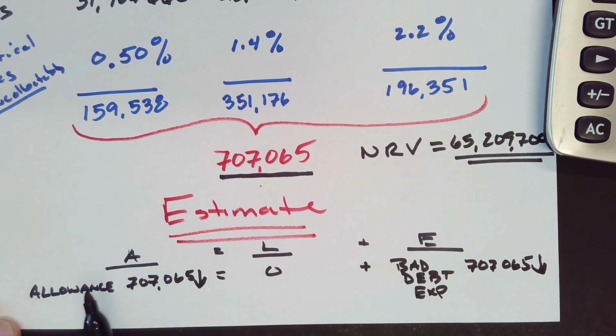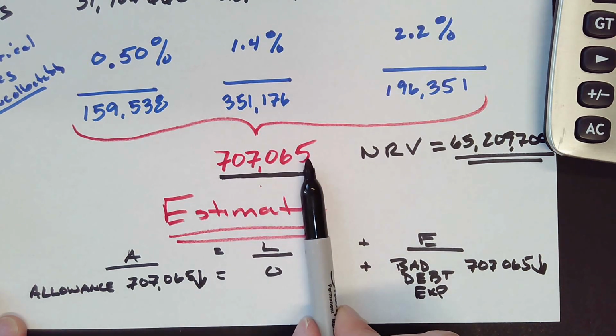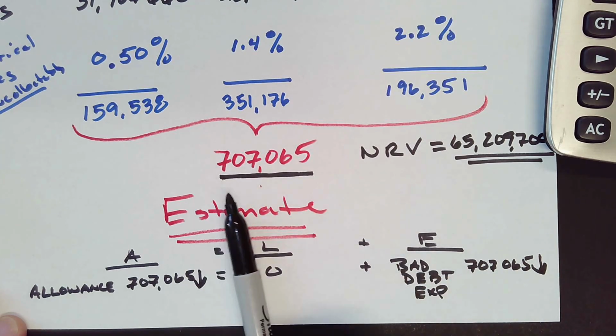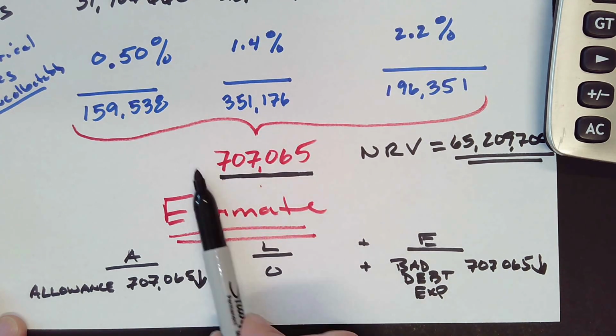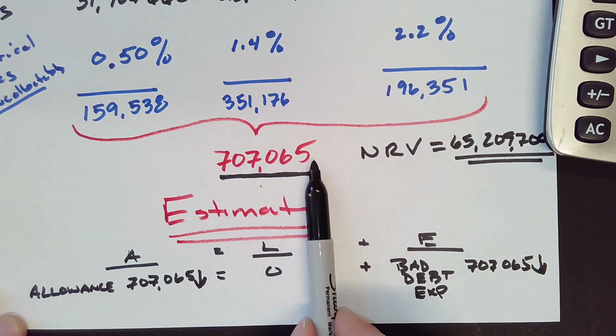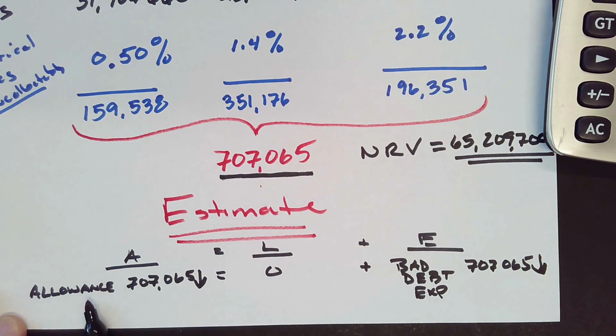We're going to have an allowance account that reduces assets, and a bad debt expense that reduces equity. If next year I do this calculation, whatever the difference from the 707,065 will change the allowance account and also change bad debt expense.